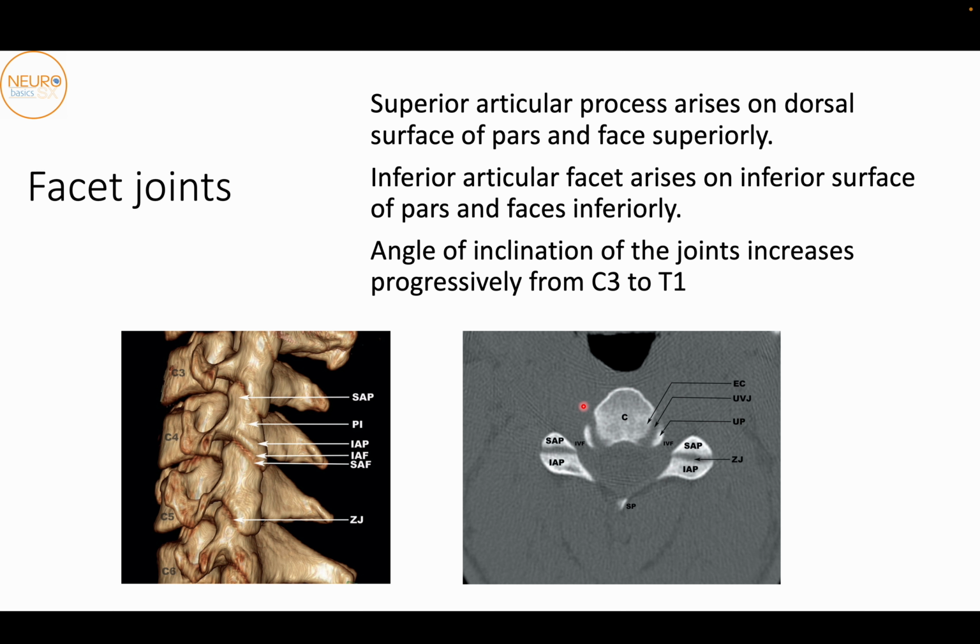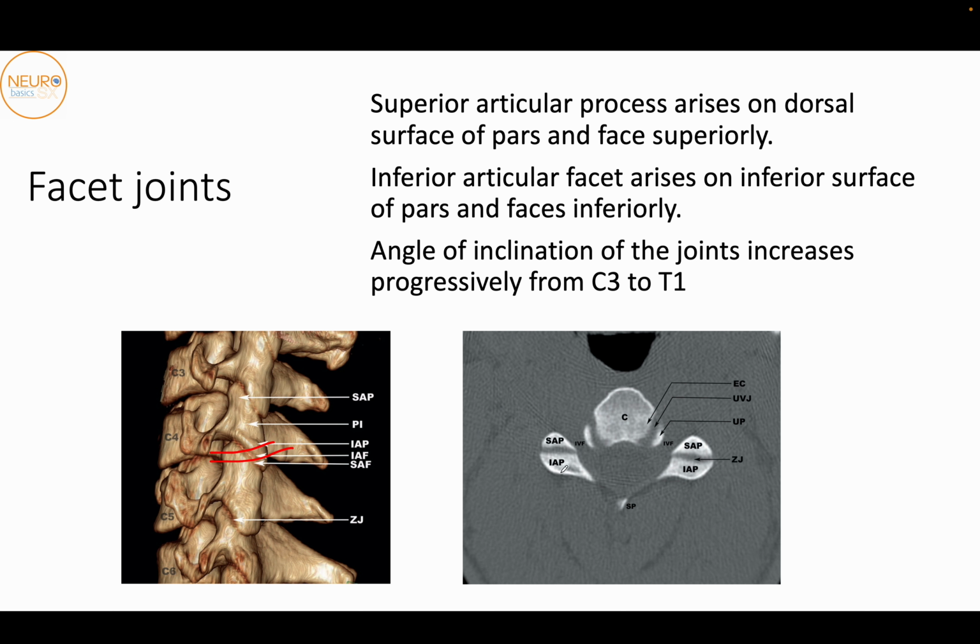Now, whenever you're looking at axial images, always remember that whatever cut you take at any point, the superior articular process of the inferior vertebra will always be anterior to the inferior articular process of the superior vertebra.